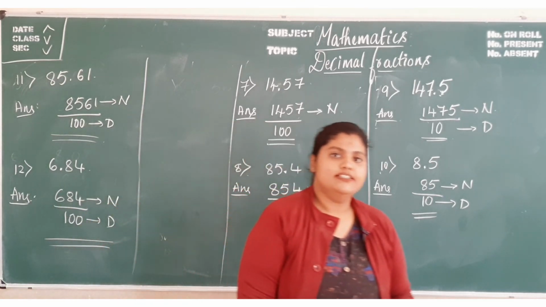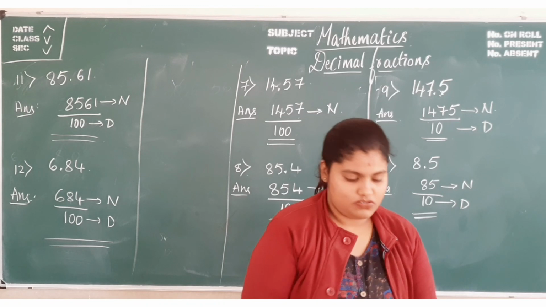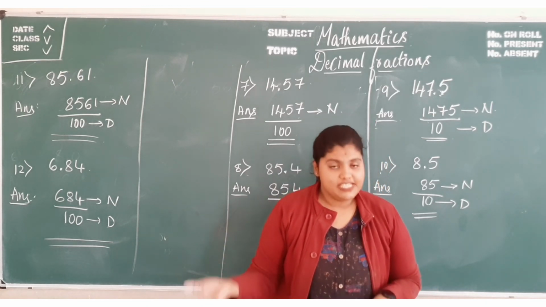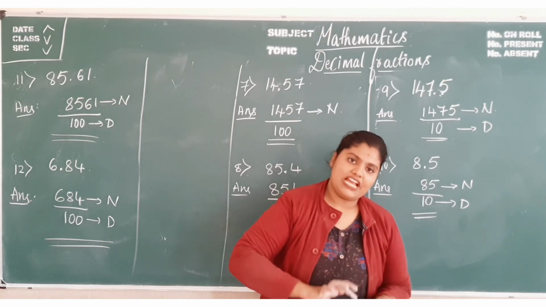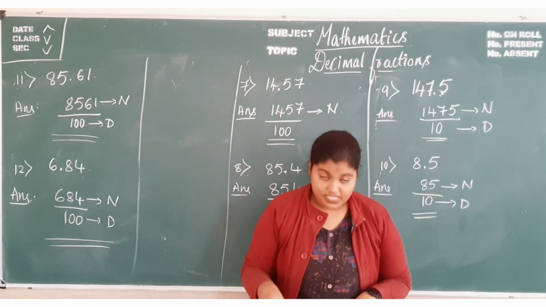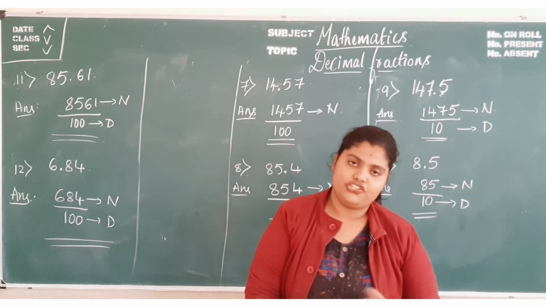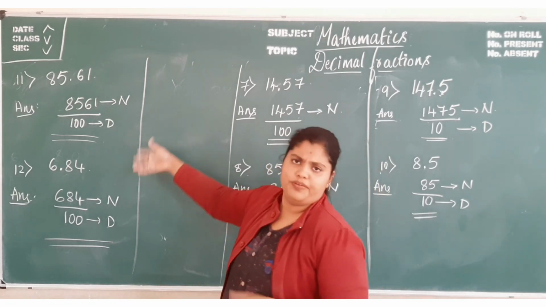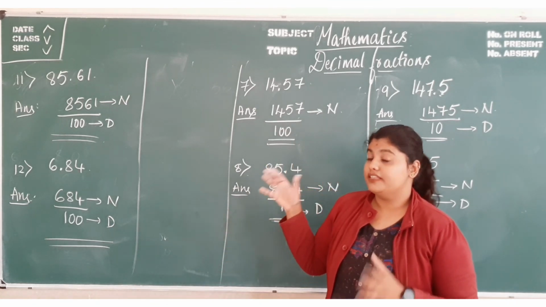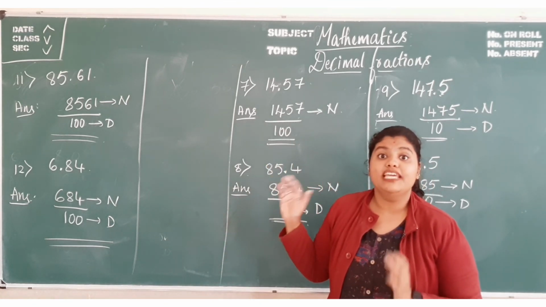Hope it is clear, children? Yes. So this is how you convert the given decimal fraction to a fraction. So you just write in the form of numerator and denominator. Simple. So what will you do? You will write the number as it is without the decimal point.